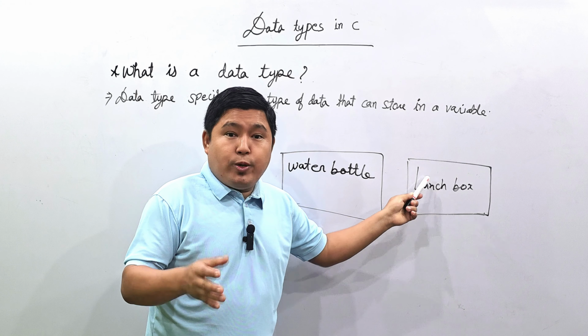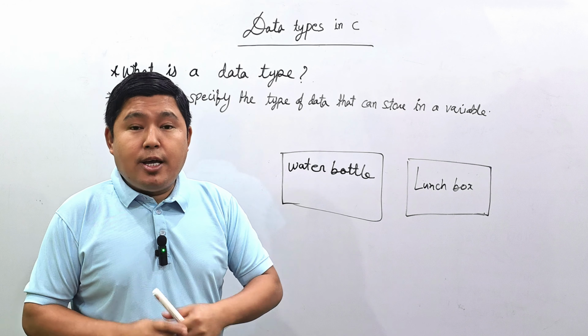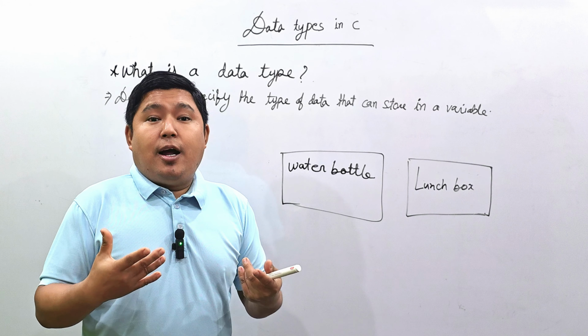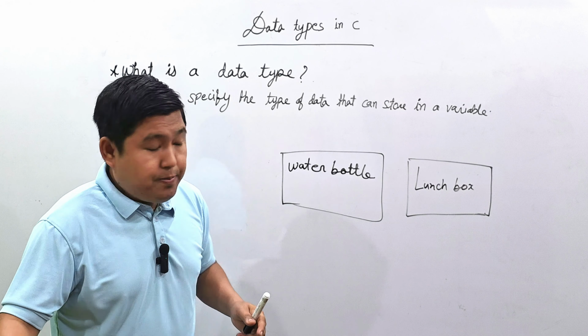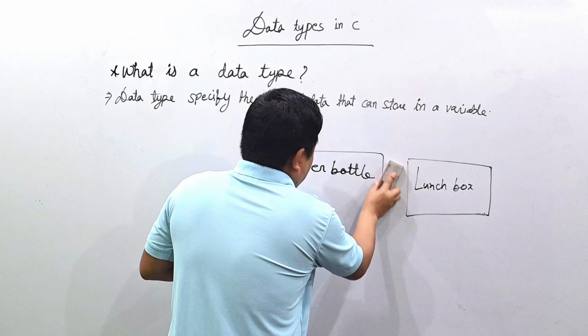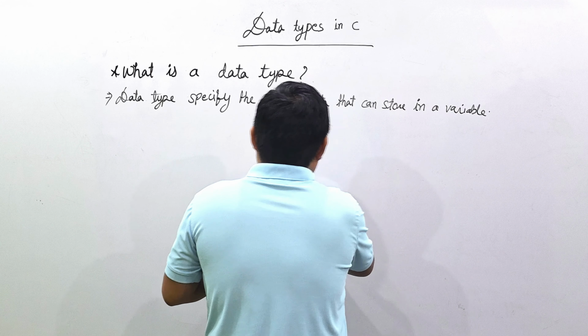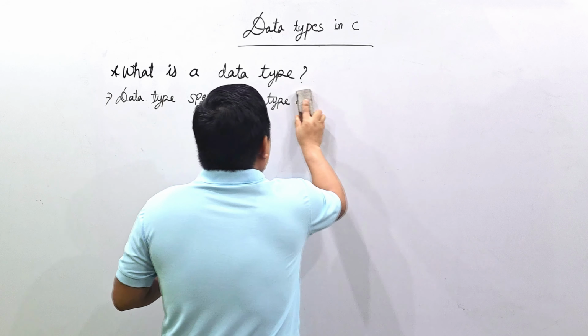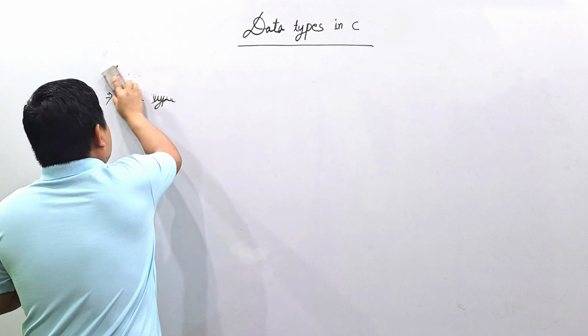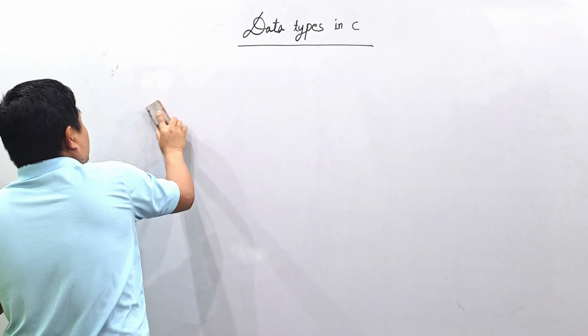Now let's talk about the types of data types. Data types are divided into three groups.